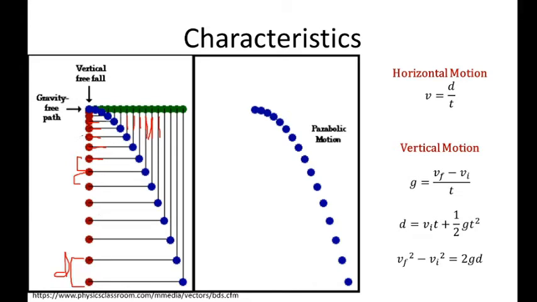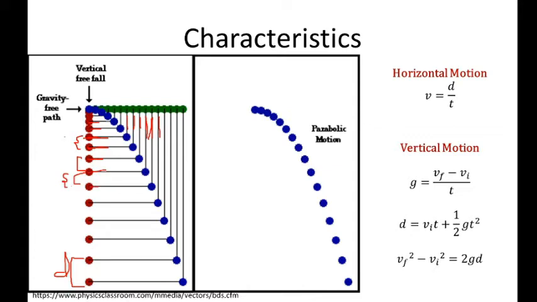Let us say for every line here, for every screen capture of the ball here, that takes 1 second. So for every second, if you observe, the distances between them increase.